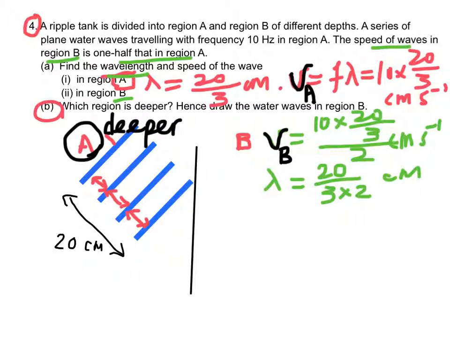When the water wave travels from a deep region into a shallow region, the speed of the wave decreases. Hence, the wave will travel towards the normal.